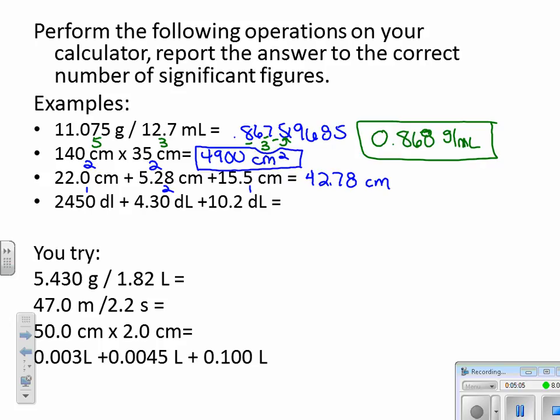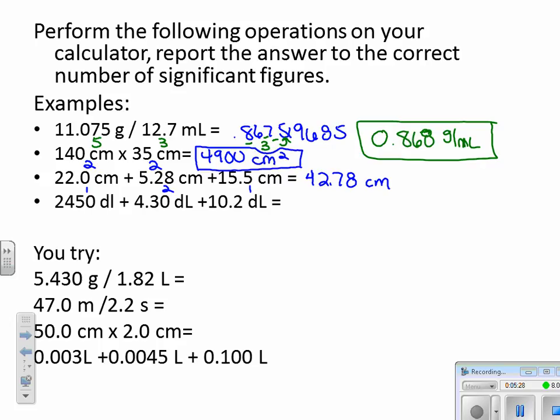But you can see that we have differing tools here. Our first measurement was made with a ruler that only had a mark for every 1 centimeter. The 0 is estimated. Our second ruler was a little bit better. It had a mark for every 1/10 of a centimeter. The 8 is estimated. And our last ruler had a mark for every 1 centimeter as well. So we have to use our weakest tool.